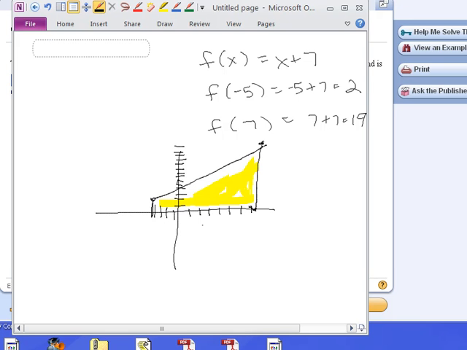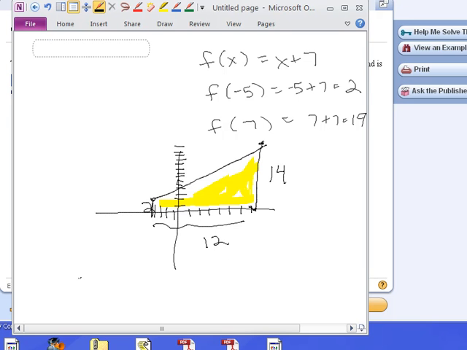The height is actually the distance between the two parallel bases. It's from -5 to 7, which is 12 units. If you do 7 minus -5, that's 12. And this base right here is just the y coordinate, which is 14, that was the 7 plus 7. And this base here is going to be 2, because that was -5 plus 7.